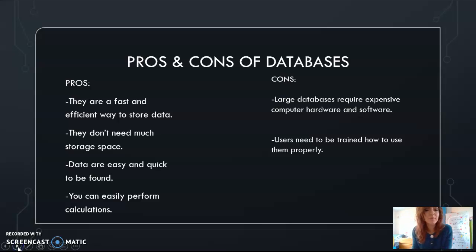What are the most important advantages and disadvantages of databases? The advantage is that with a database you can have an efficient and fast way to store data. You don't need much storage space if you use a database. Data are easy and quick to find, and you can easily perform calculations.